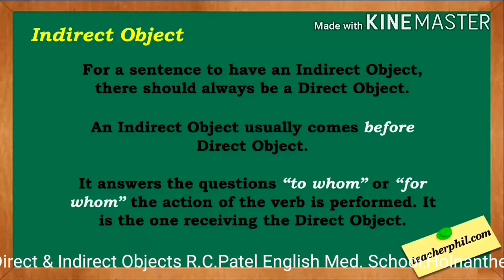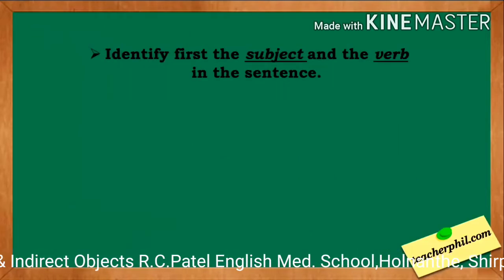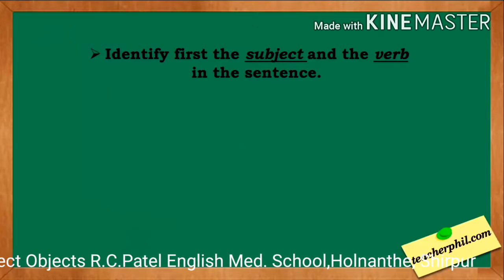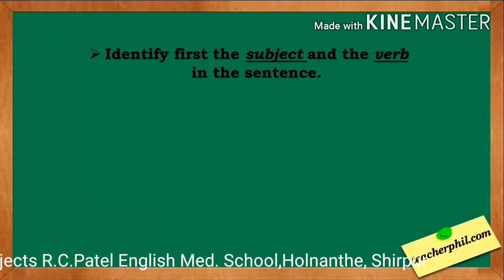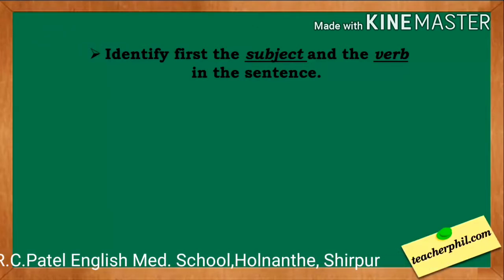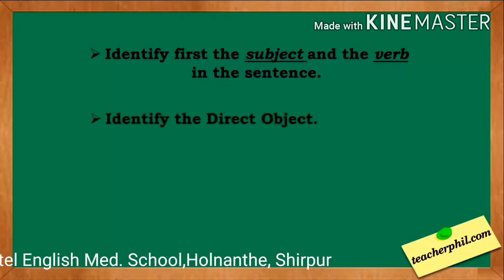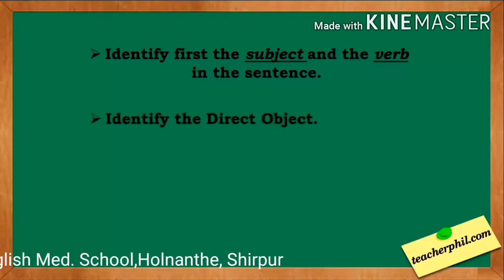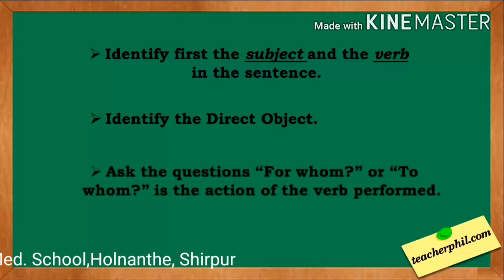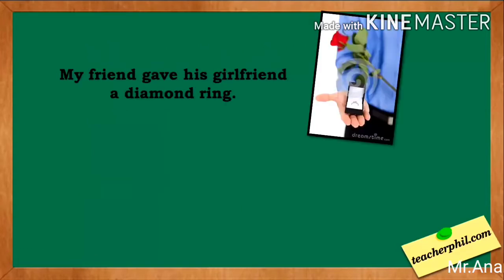It is the one receiving the direct object. First, we have to identify the subject and the verb in the sentence. That is the first step. Then identify the direct object. Then ask the questions for whom or to whom is the action of the verb performed.